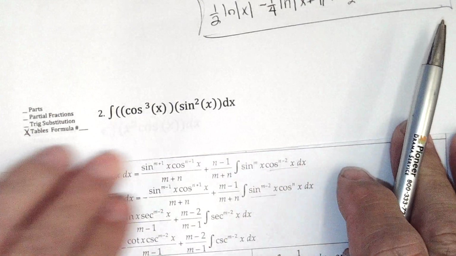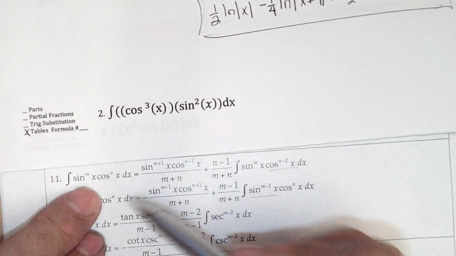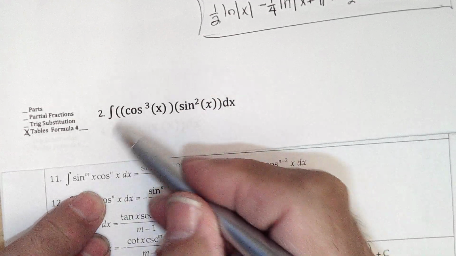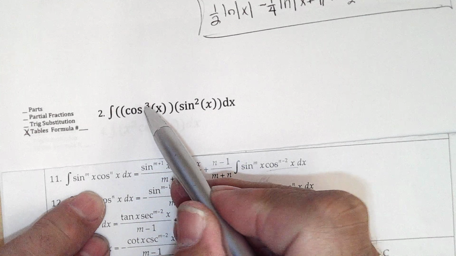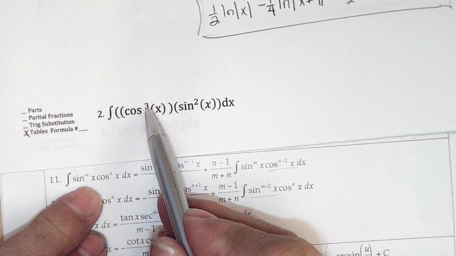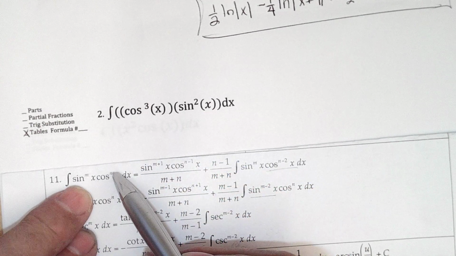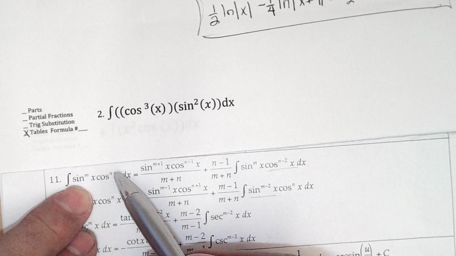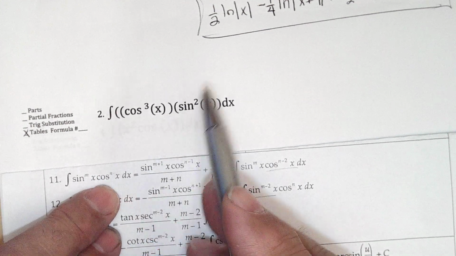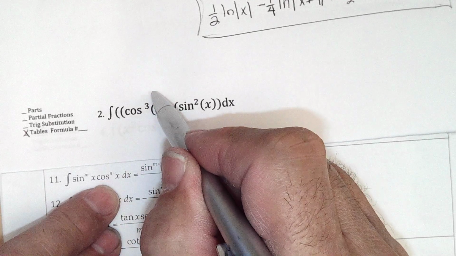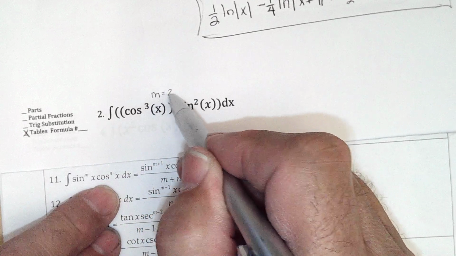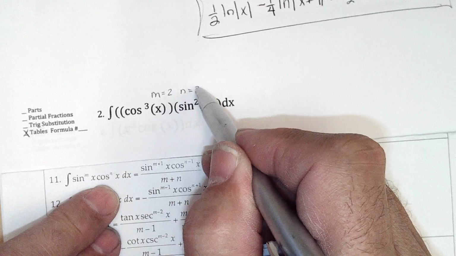So using formula 11, which reduces the cosine, my m is going to be 2 and n is 3.